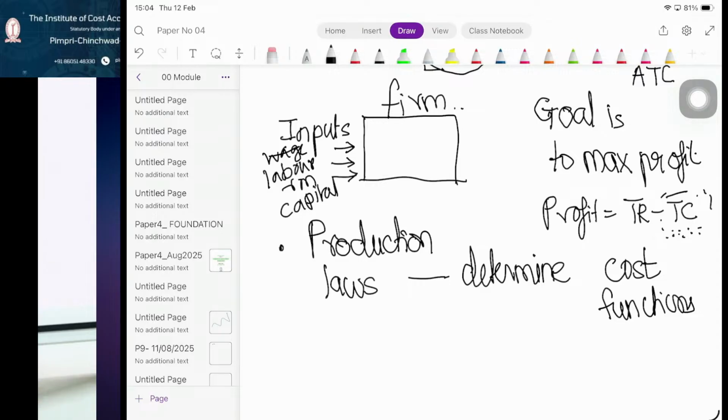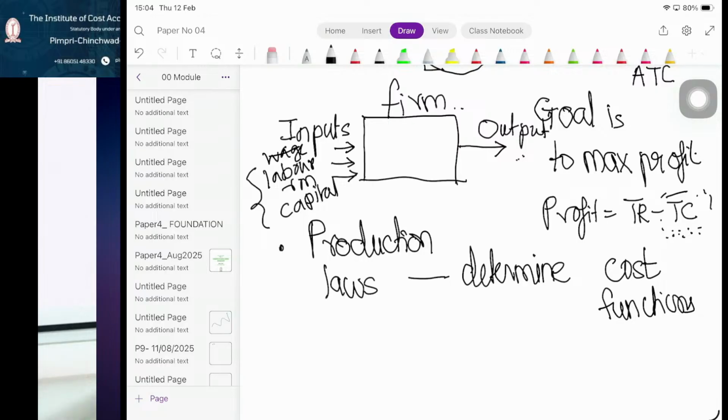All these are called the inputs, and these inputs help the firm produce what is called the output. We can think of a large company like Tata Motors. Their output may be cars and trucks, and the inputs could be the large variety of labor that they employ, steel that they buy, rubber tires that they buy. All these things are the inputs, and what the firm produces is the output.